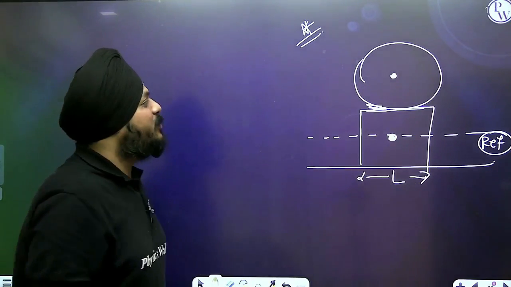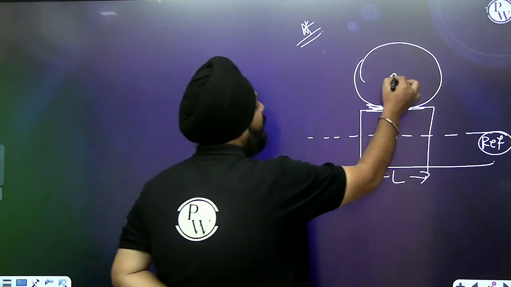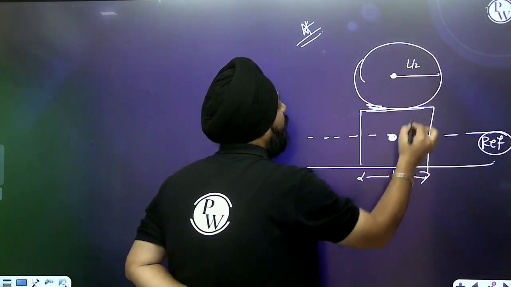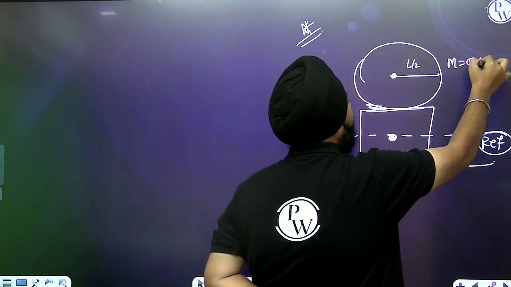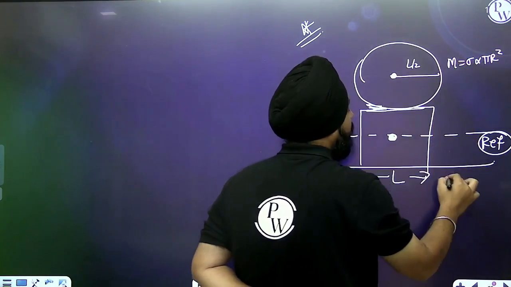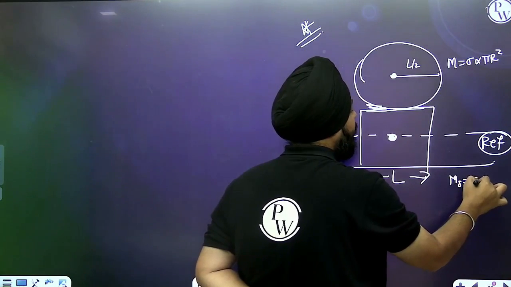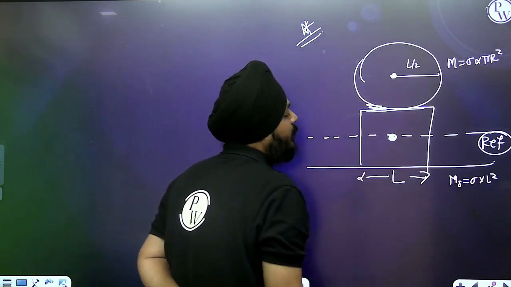Now, masses are not given. This radius is L by 2. Mass is density into area, that is pi r square. Mass of the square is density into L square.